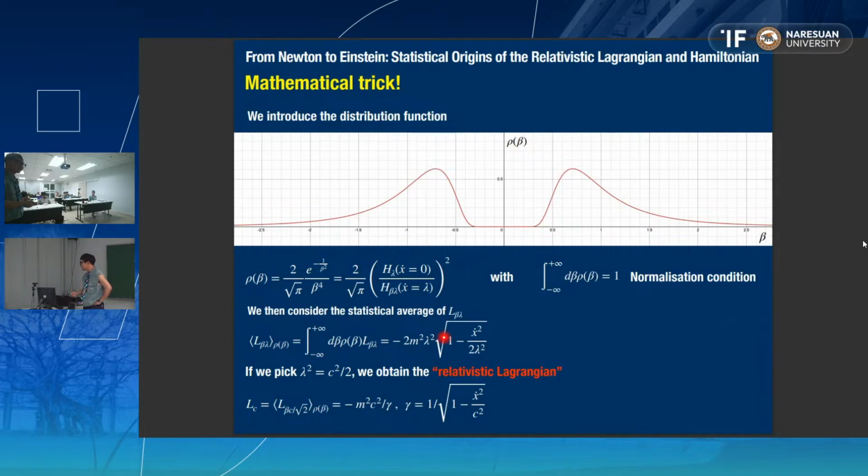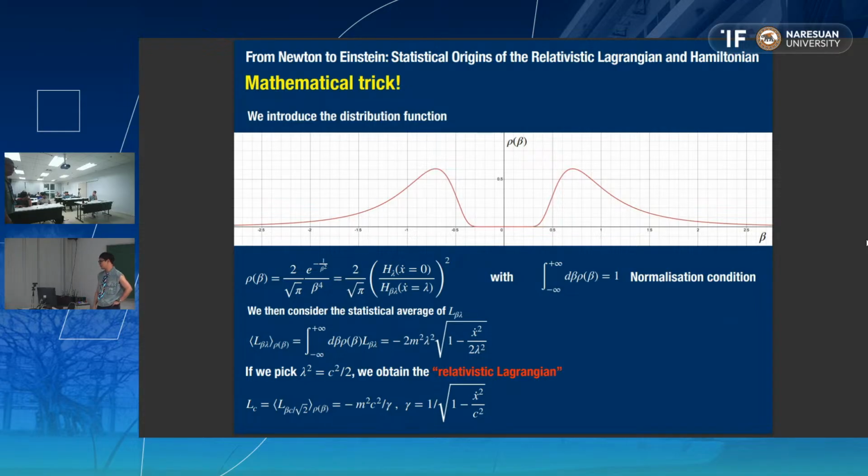But here, at this particular step, if you don't pick lambda in this way, you can leave it this way, and it can be anything, right? But if you pick lambda to be this kind of form, you get exactly the relativistic version of the Lagrangian.